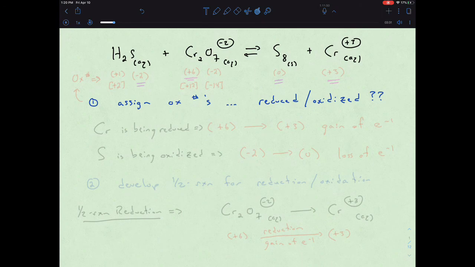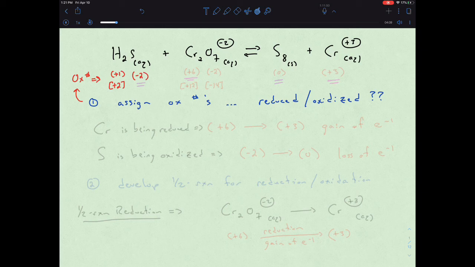So if we go up top here and start to assign our oxidation numbers, if we look at the H2S, the hydrogen would have a +1. There are two of them actually there, so that means that it would have a total of +2 as far as the sum is concerned, which means that the sulfur must be -2.